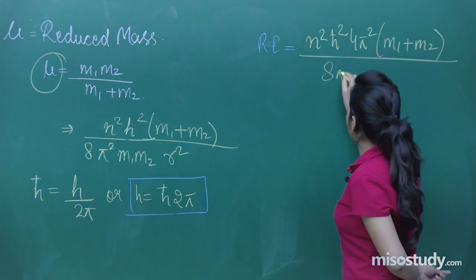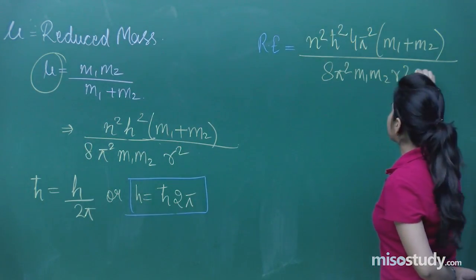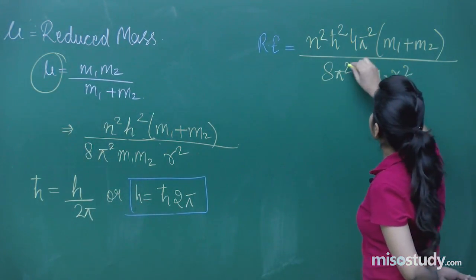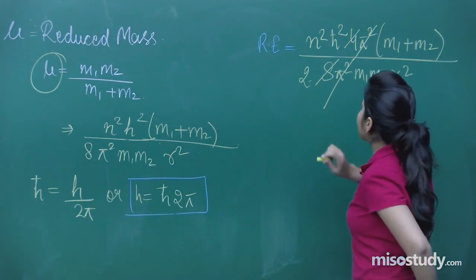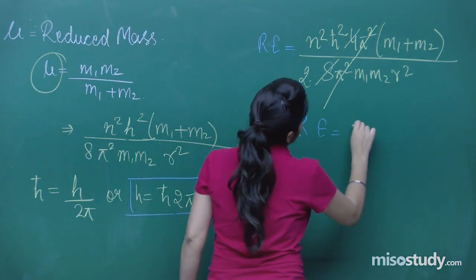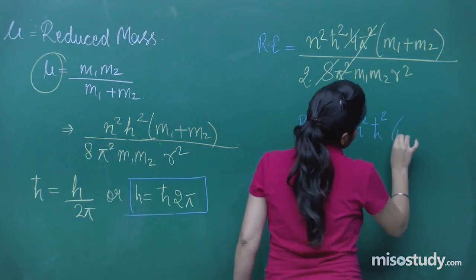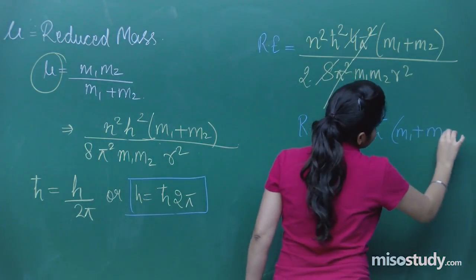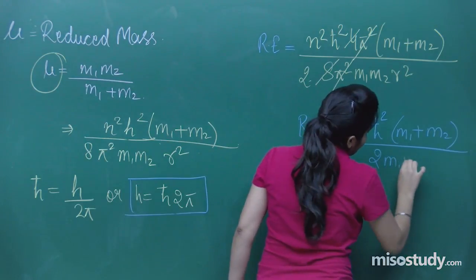Here it is 8 pi square m1 m2 into r square. Now this pi square is cancelled, this has been cancelled 2 times. Now you are left with rotational energy equals n square h cross square into m1 plus m2 divided by 2 m1 m2 r square.